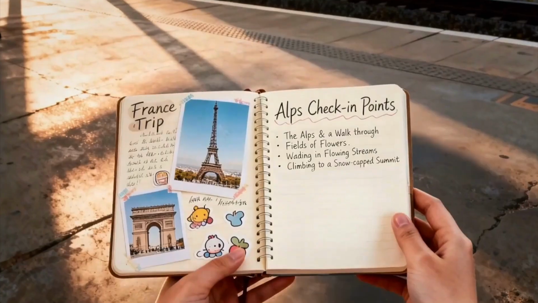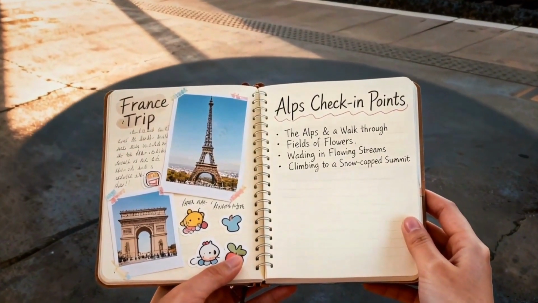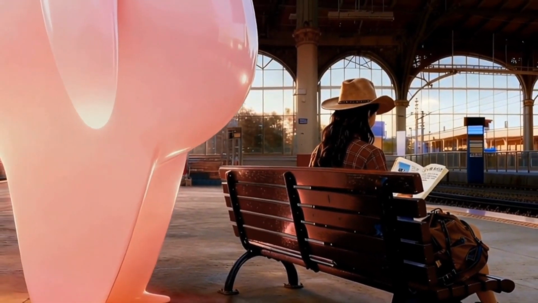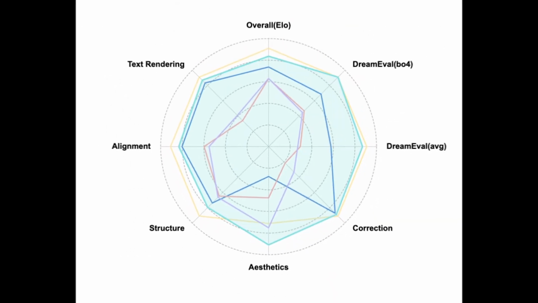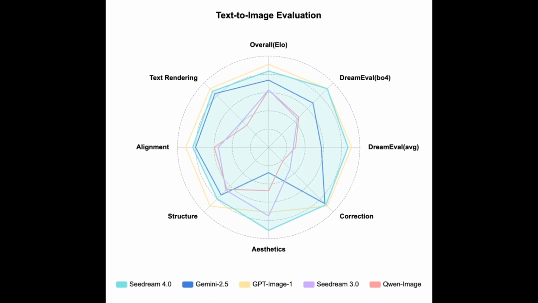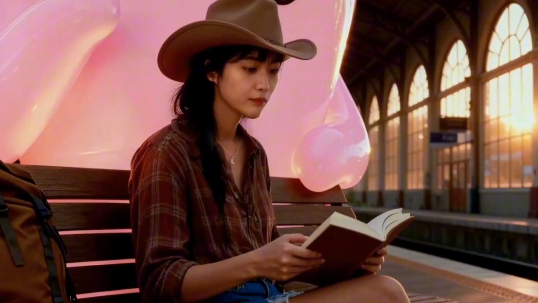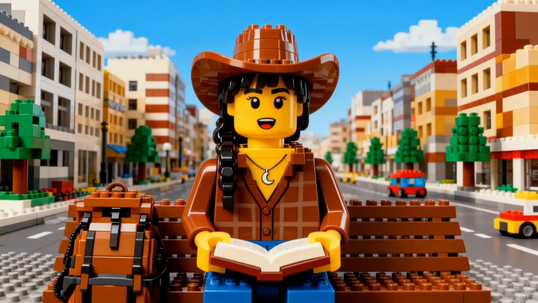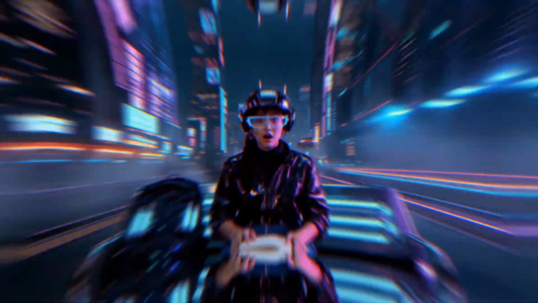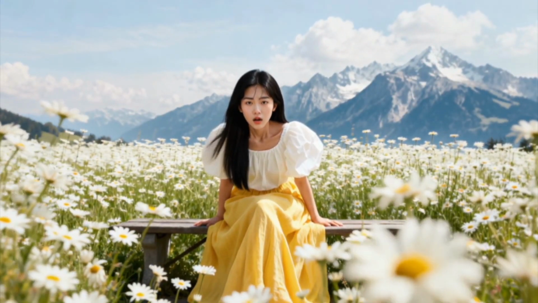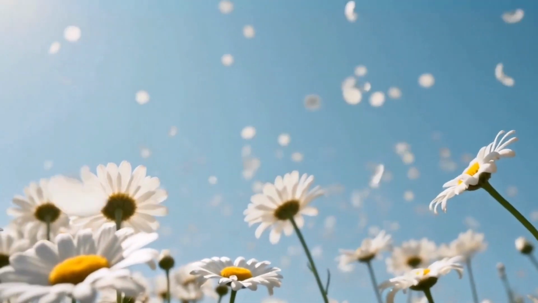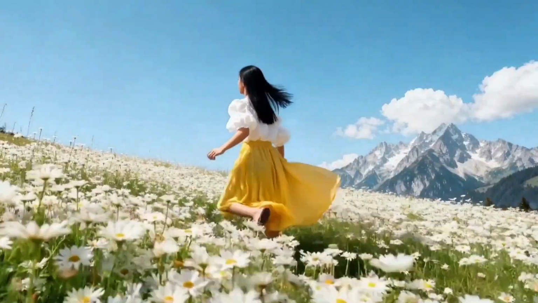Even though this is good, how does this compare to other AIs out there? When it comes to text to image, it does seem like GPT image generator is still the best overall, but it does seem like Seedream 4.0 is better in aesthetics. Besides that, it's still beating out the rest of the image generators. It's beating out Gemini 2.5, their previous model Seedream, even Qwen's image editor.